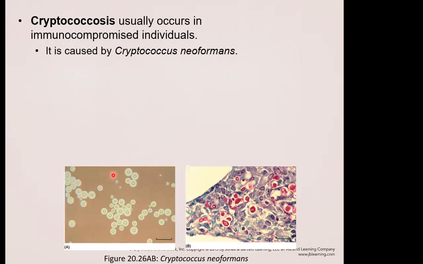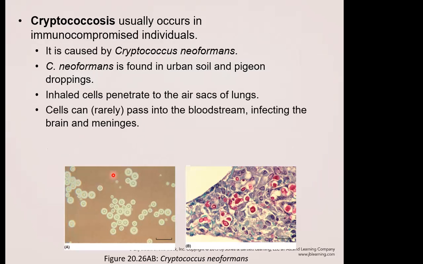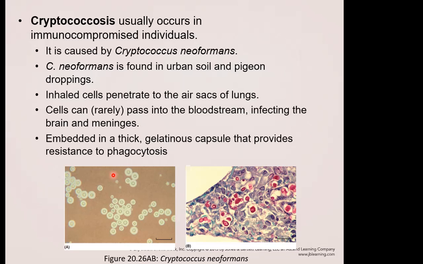Certain immunocompromised people can get cryptococcosis. Again, from pigeon droppings, urban soil. And if it gets in the blood, it can cause systemic disease. Again, you don't want that. And so once this gets in our body, it can form this capsule on the outside.